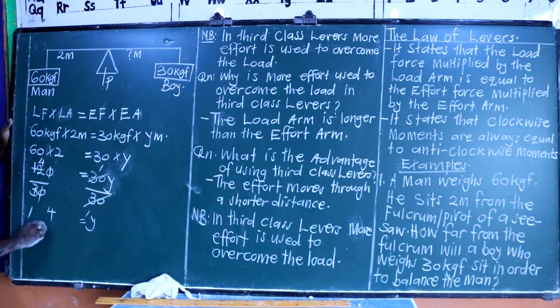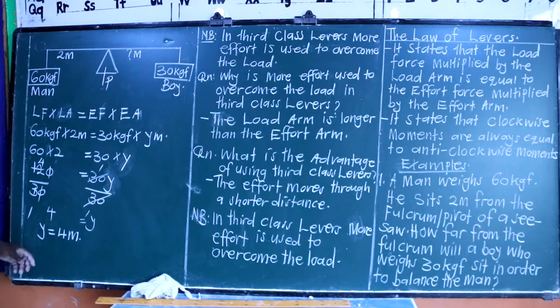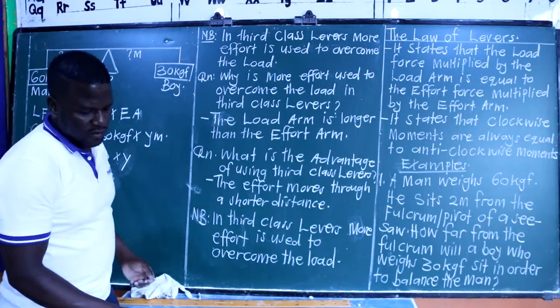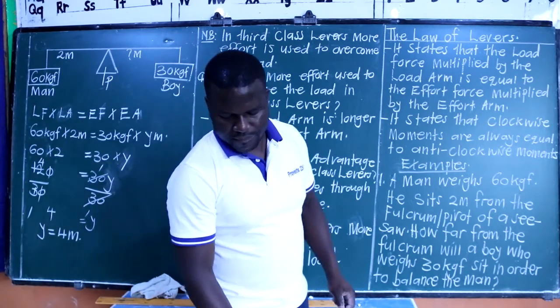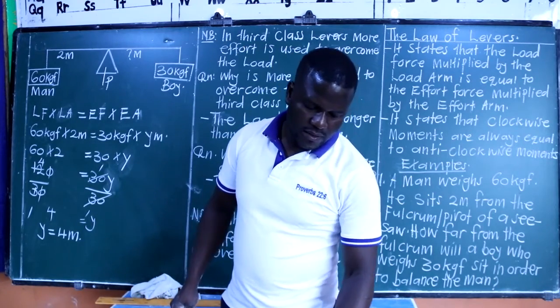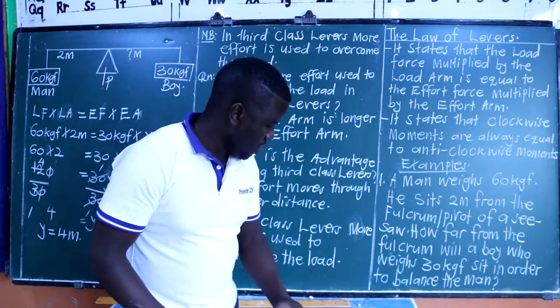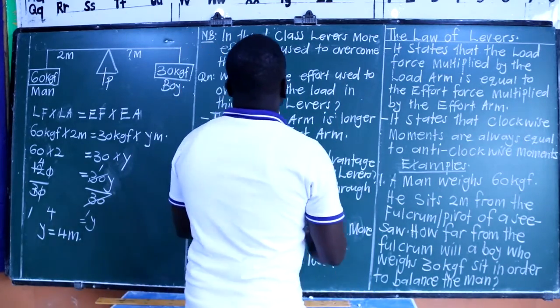Therefore we say y is equal to 4 meters. So this boy will have to sit 4 meters away from the fulcrum in order to balance the man.